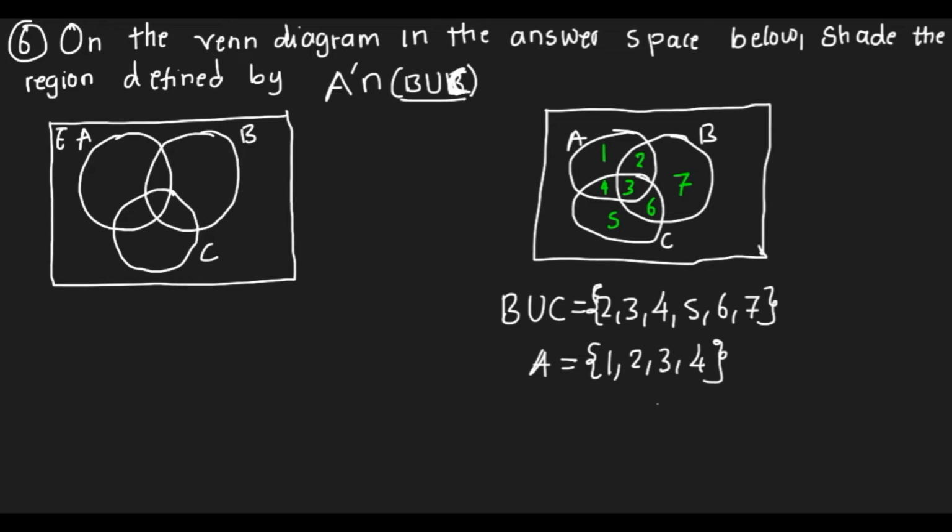Now from this expression we have A complement intersecting B union C. So what this means is, we are trying to remove the elements of A, including those that are intersecting between B union C. So here let's look at the elements that are found in the union between B and C and the set A. We want to find the intersection of A intersecting B union C. Then let's look at the complement later on.